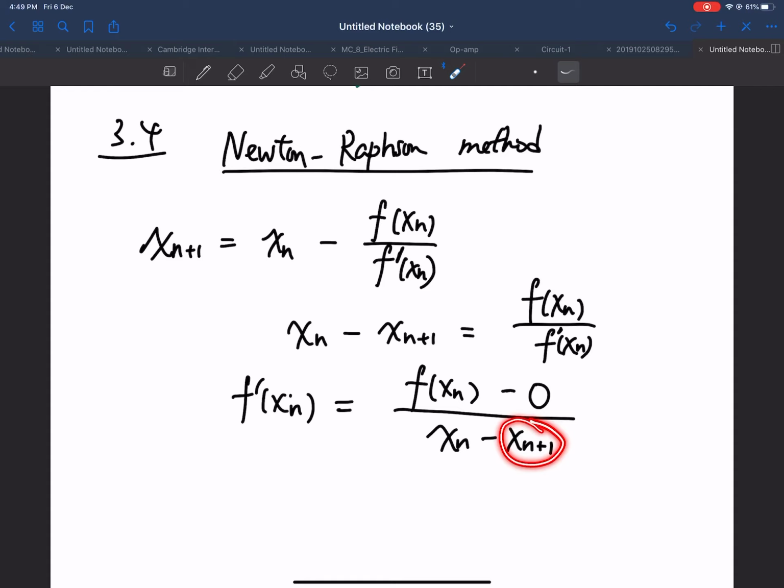Now x_n is your trial solution, a trial root, but it's not the exact root. Normally I write the x like this because I don't want to mix it up with the multiplication sign.